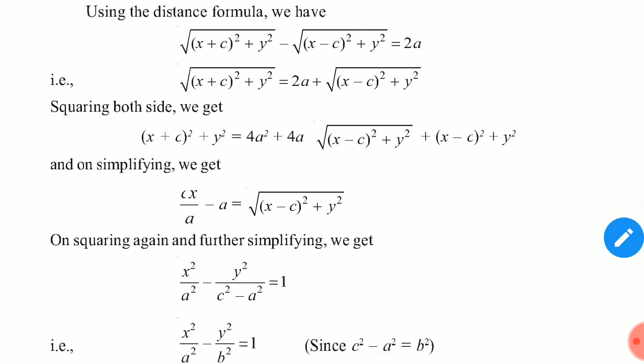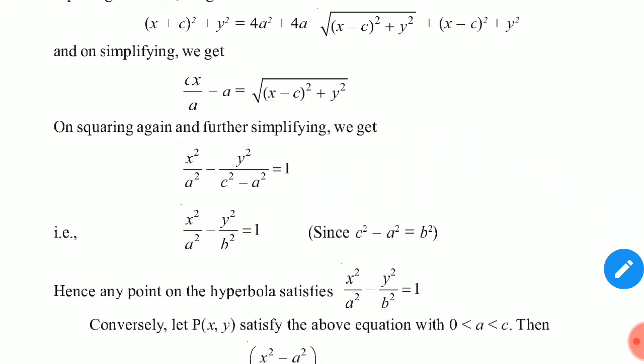When you simplify this whole equation, you finally get x upon a minus a upon the square root of (x minus c) square plus y square. Squaring again to remove the square root and simplifying, we finally get x square upon a square minus y square upon c square minus a square equals 1.